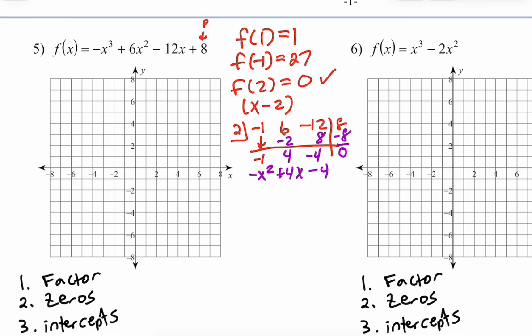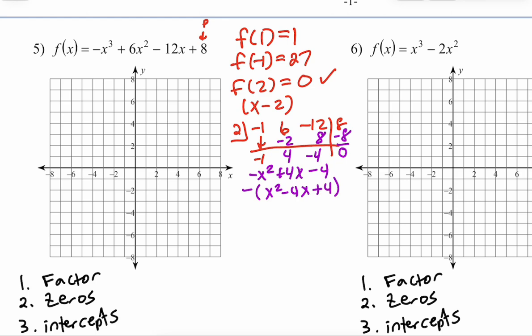Now, that might be a factorable quantity. Let's check to see if it is or if it is not. If I take out a negative 1, I just move that negative 1 in the front.